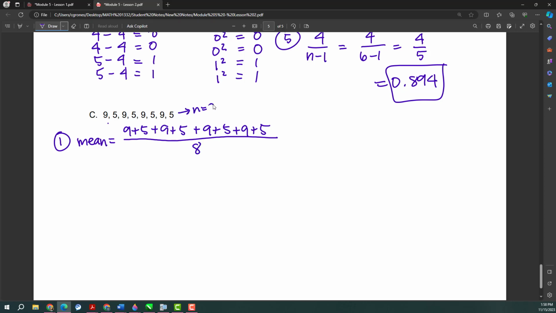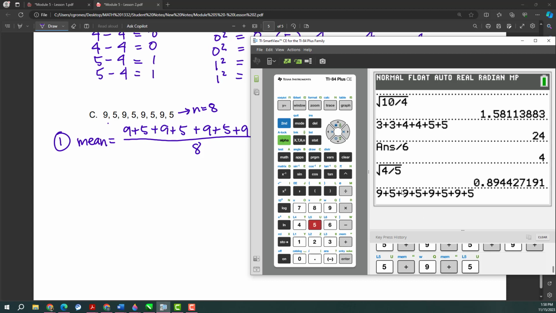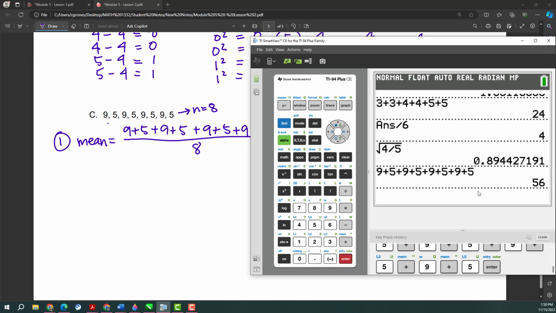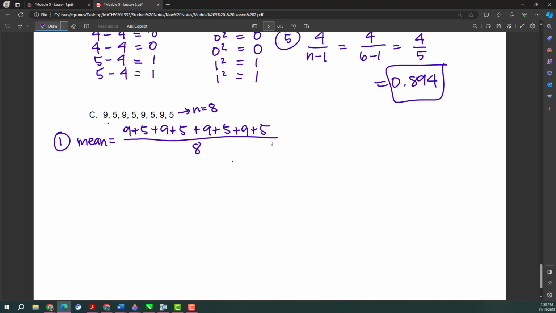So n equals 8. 9 plus 5 plus 9 plus 5 plus 9 plus 5 and so on. If it's easier for you to multiply, you can do that. I'm just putting this out there so that there's no confusion with anybody. Divided by 8, our mean equals 7.